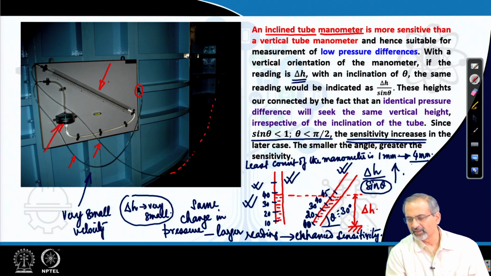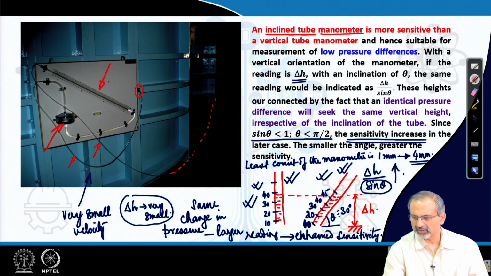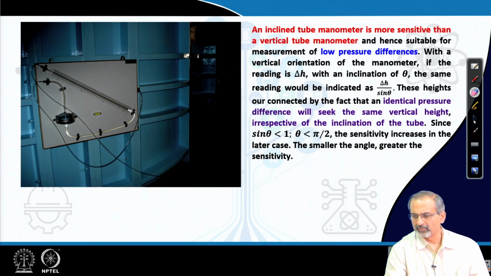So, for example, if you read it as 4 mm in the vertical orientation and now you read it as 7.5 mm in the 30 degree orientation, then you can figure out that this reading will be more accurate because you are able to amplify the reading with the inclination, and therefore small errors committed for the vertical arrangement, when amplified, may be rectified in the inclined orientation. So, such advantages are there with this kind of orientation change.